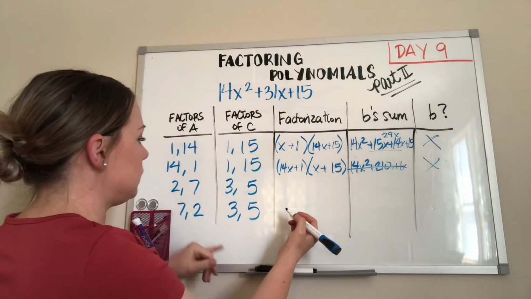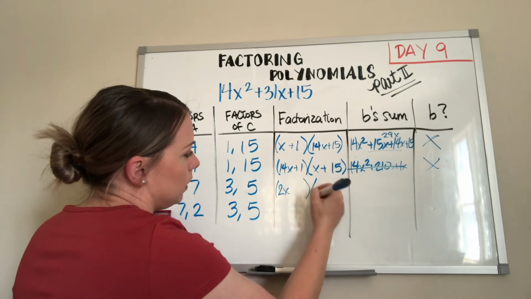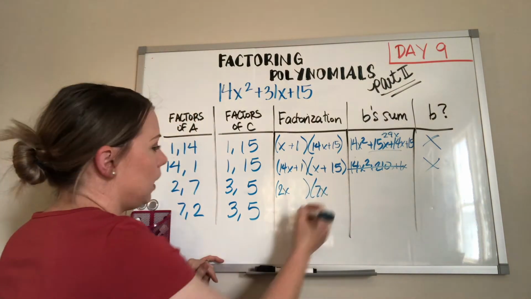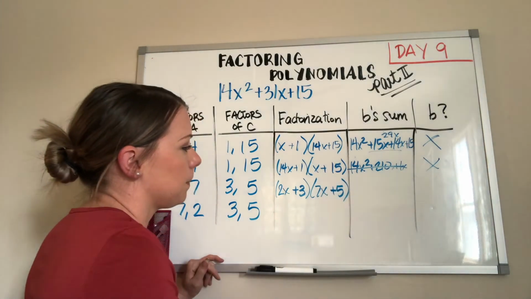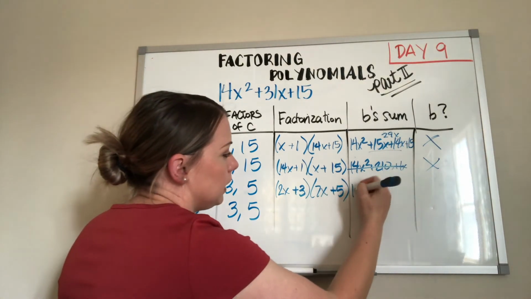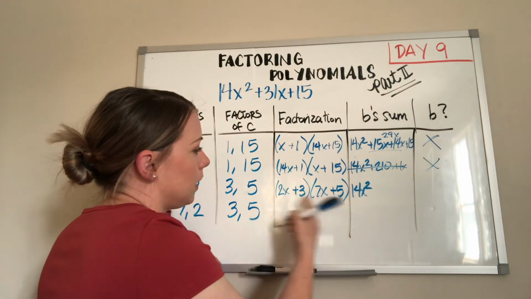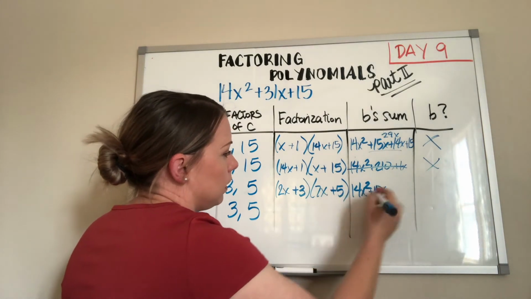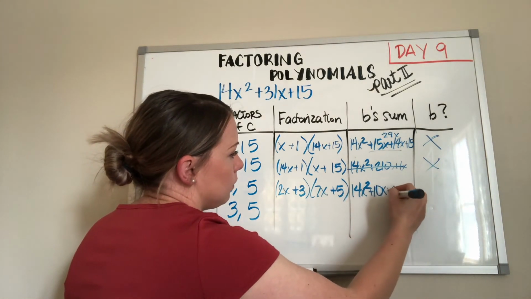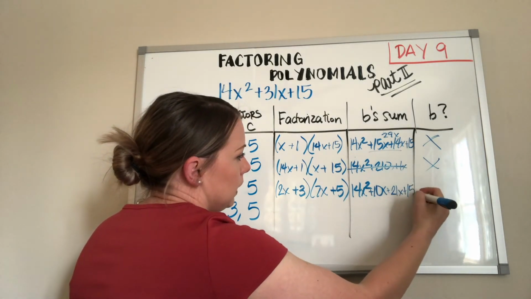So I have 2 and 7, so I have 2x and 7x, and then I have 3 and 5. So I have 14x squared, and then I have 10x, and then I have 21x plus 15.